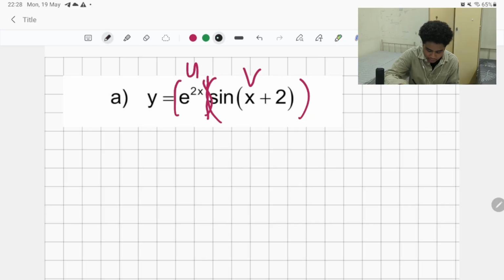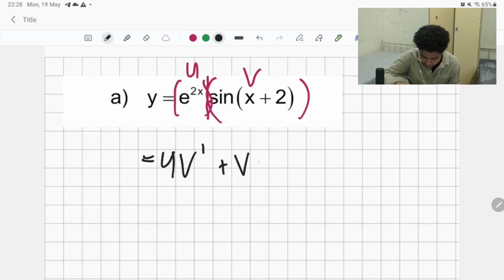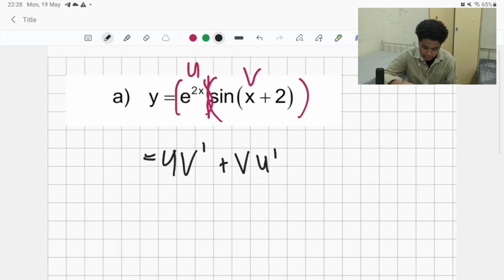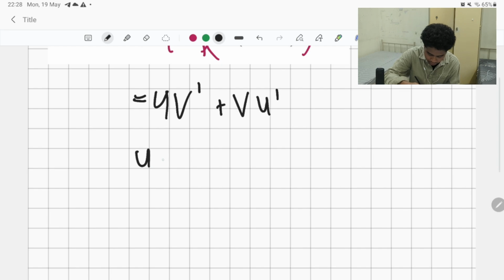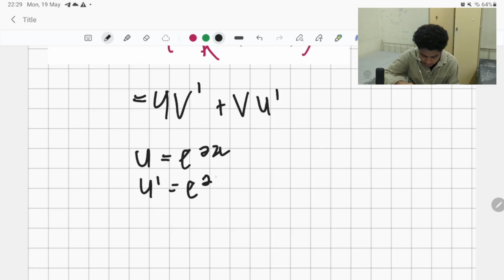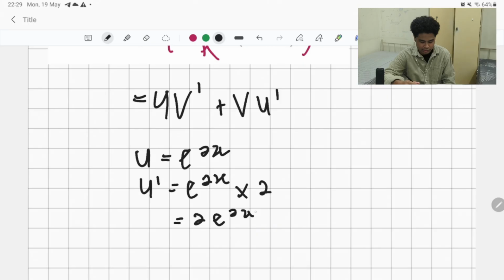We need to write the product rule formula, which is u v prime plus v u prime, as simple as that. But before you substitute into the formula, you need to differentiate both u and v first. U is e to the power 2x, and we differentiate it: u prime equals e to the power 2x times 2, which is 2e to the power 2x. So this is u prime.